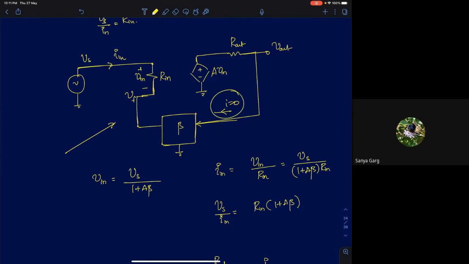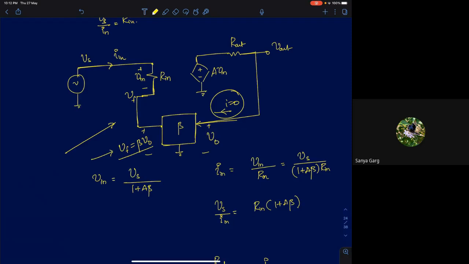It's not drawing any current, but I'm applying the entire output voltage across the feedback network. And the feedback network's output resistance is also 0, which means this node voltage will be exactly equal to beta times Vo, which I'm representing as Vf. So this is an ideal feedback network.